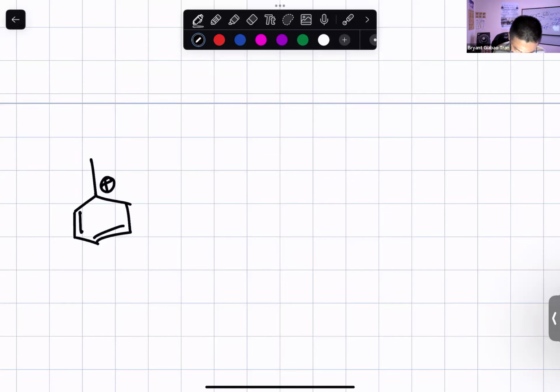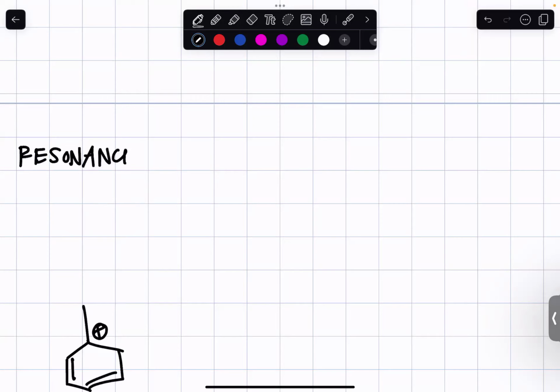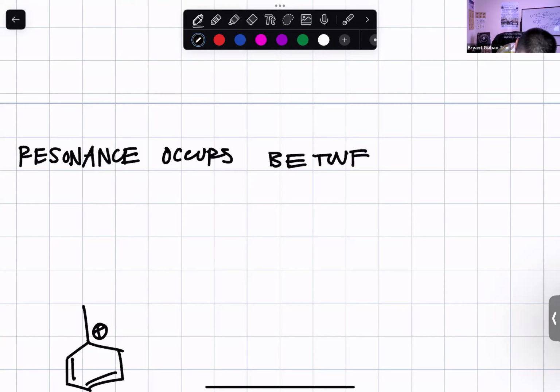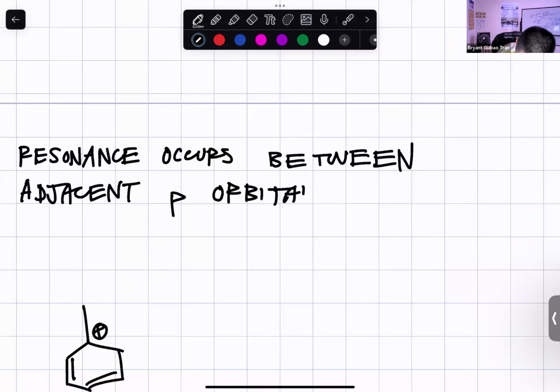Okay, so resonance occurs between adjacent p orbitals, right?